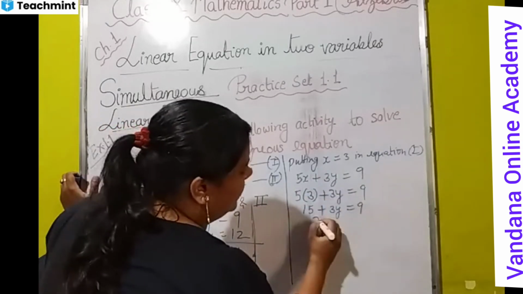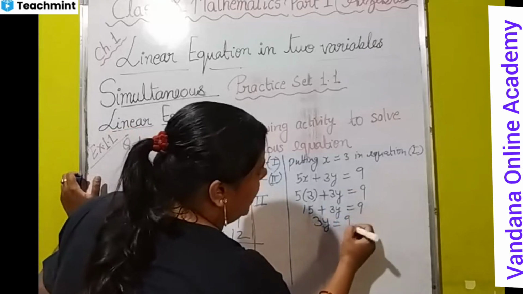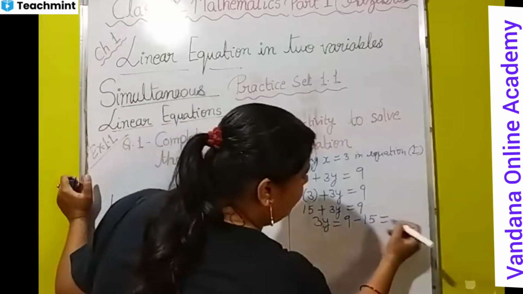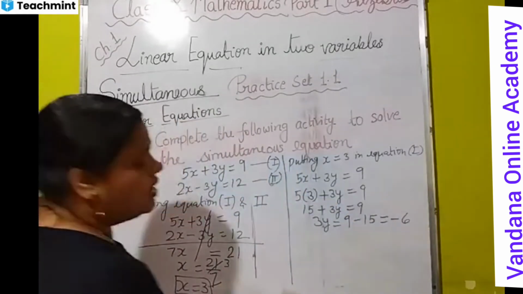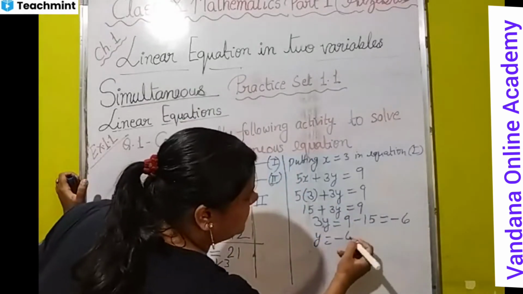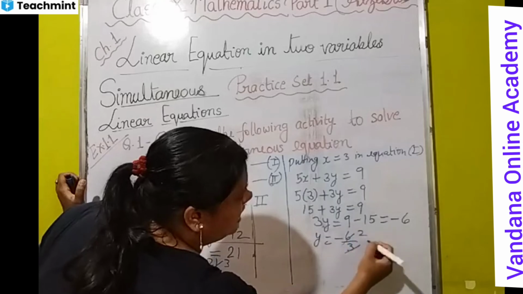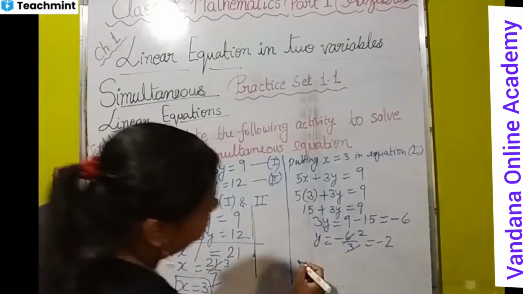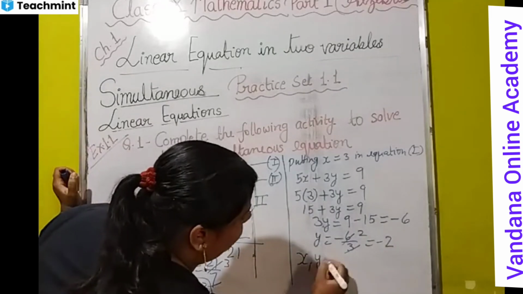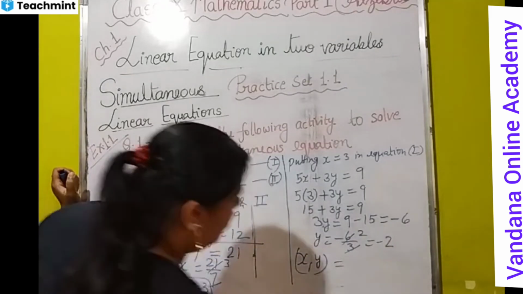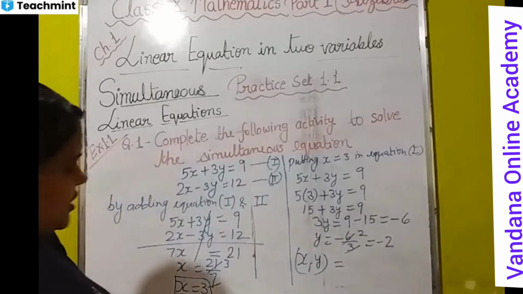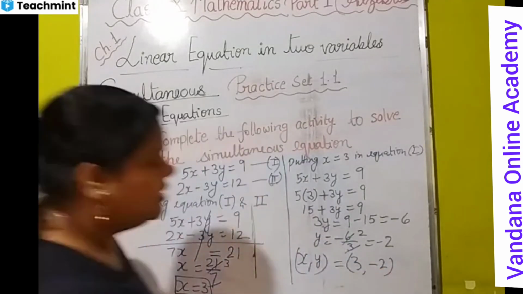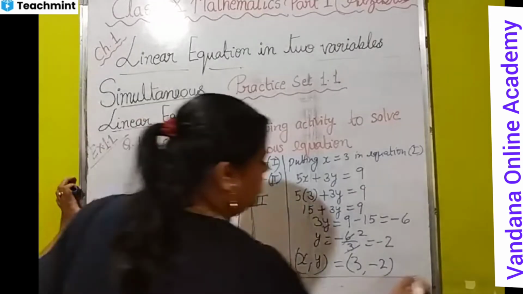This 15 we will take this side. So 3y is equals to 9 minus 15. Yes. So this will give minus 6. Isn't it? So y is equals to minus 6 upon 3. This will cancel out. We will get minus 2. So here the values of x and y, which are the solution of the simultaneous equation, that is 3 comma minus 2. This is our solution.